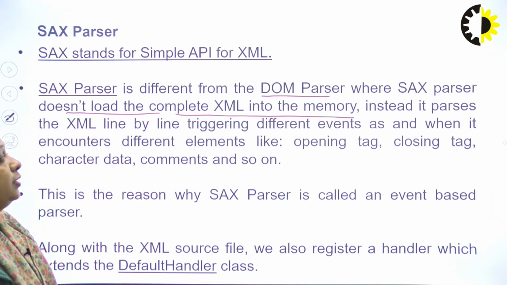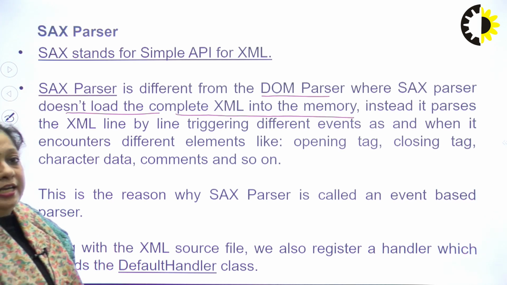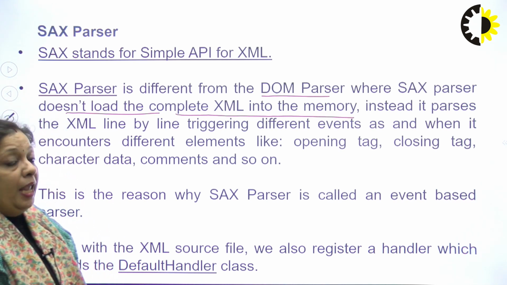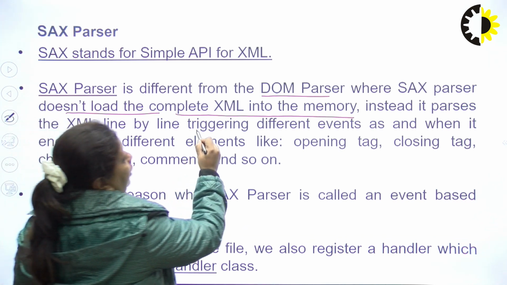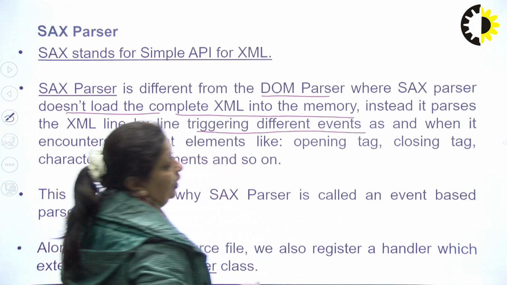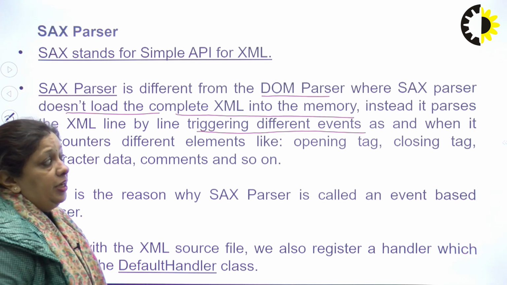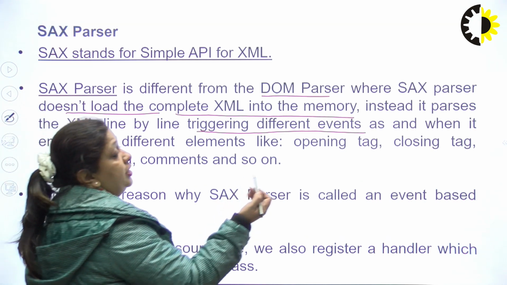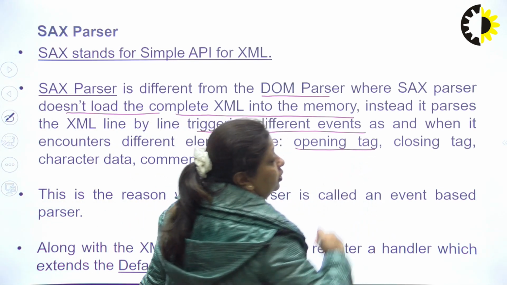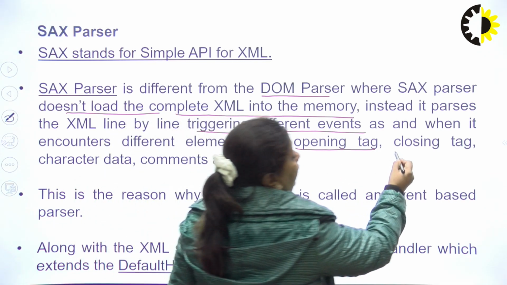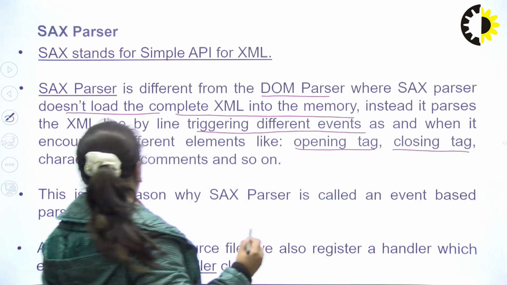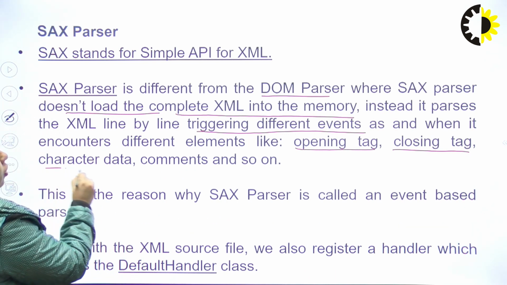So how does it do the parsing? It actually parses the XML document line by line, and it is triggered by different events. That is why it is known as an event based parser. So what can these events be? The events can be if it encounters an opening tag, or a closing tag, or even if we have some character data or comments.